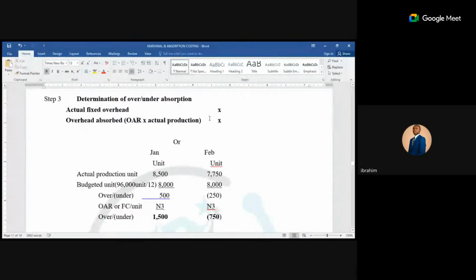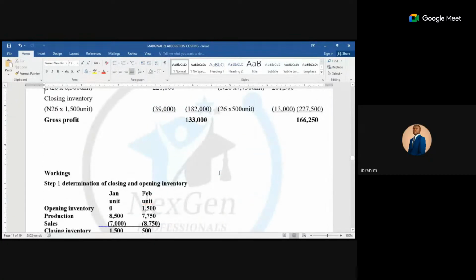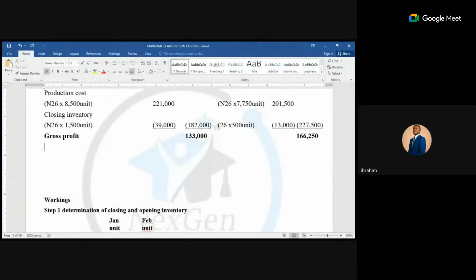Then you compare. This is like your budgeted and this is like your actual. Is it over or under? The over will be added to the gross profit as income.